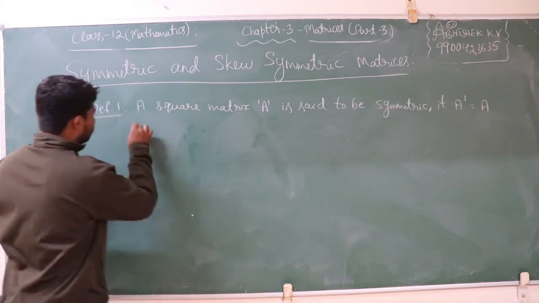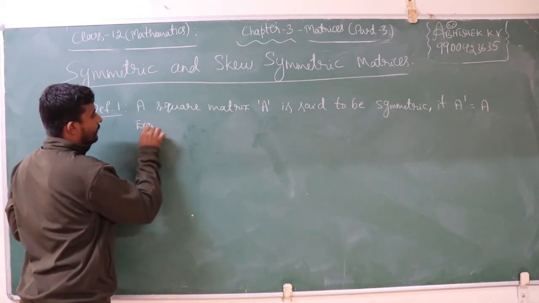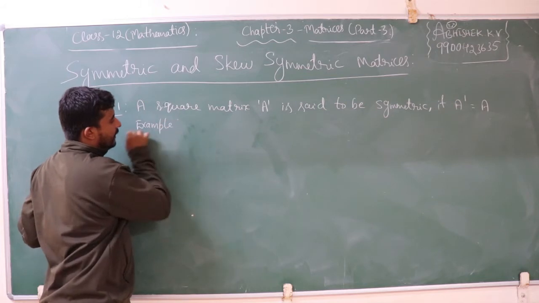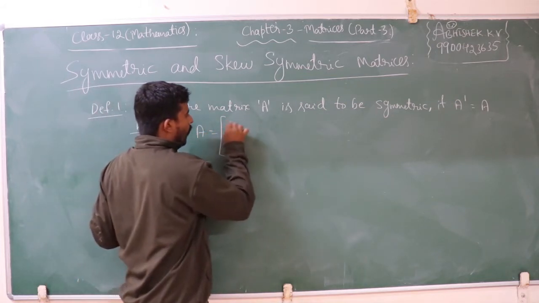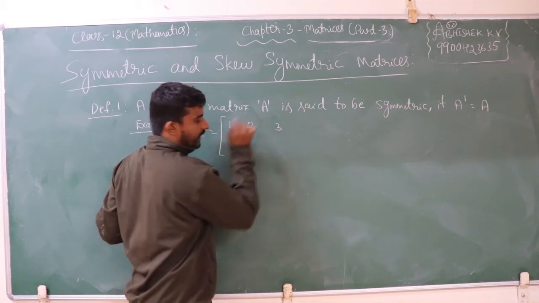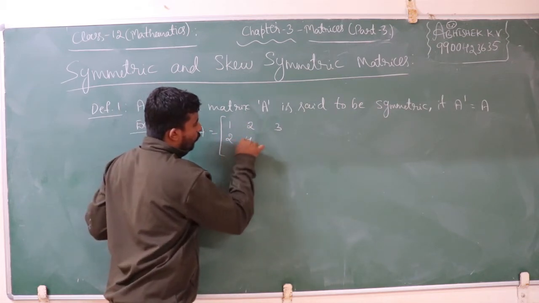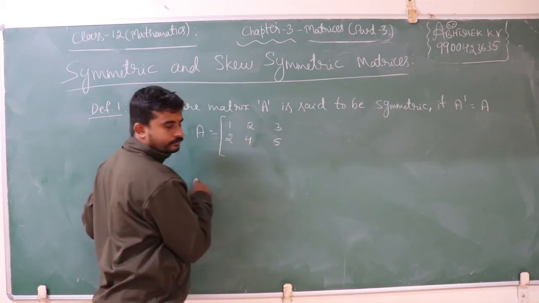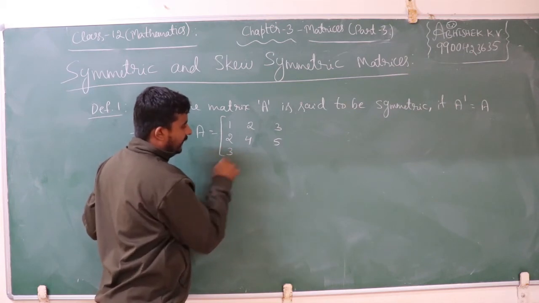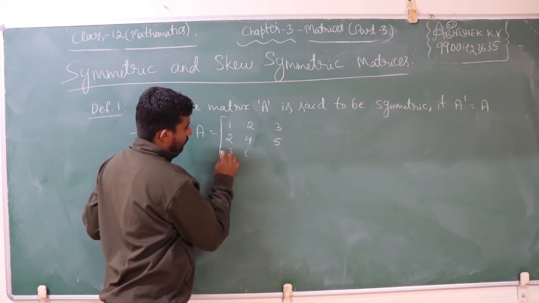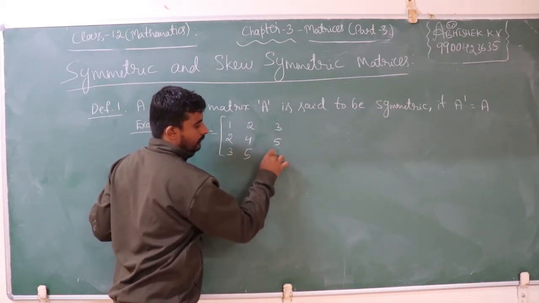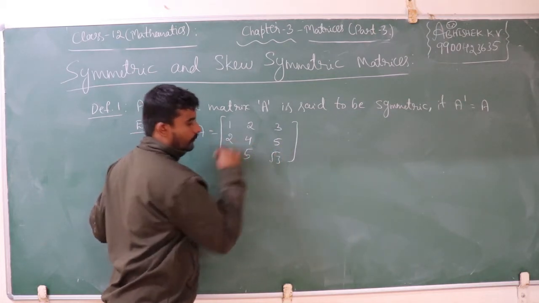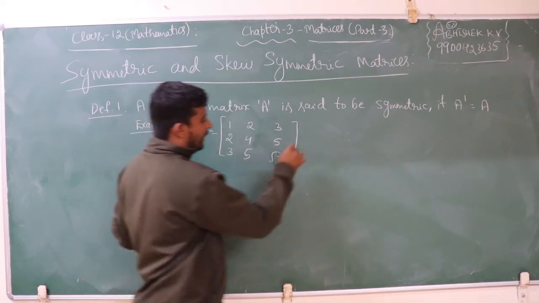For example, if I consider matrix A equal to 1, 2, 3; 2, 4, 5; 3, 5, root 3. What is the transpose of this matrix?